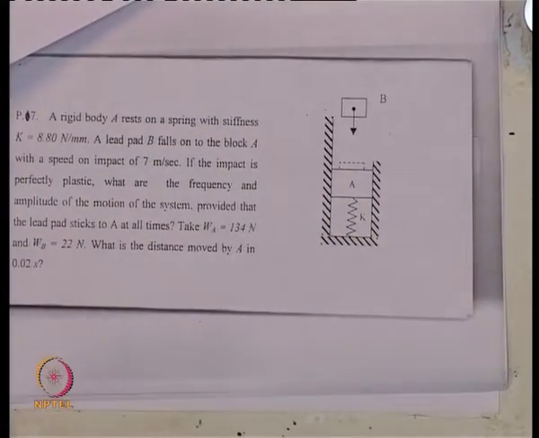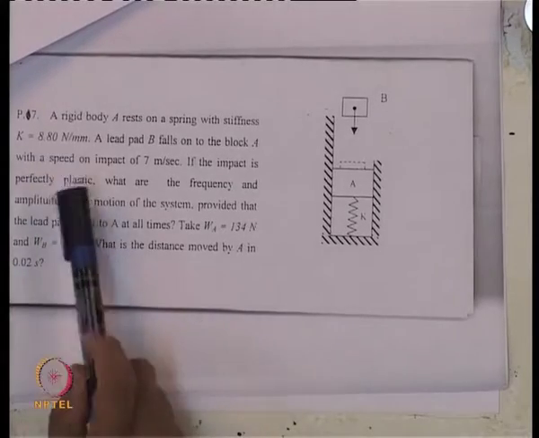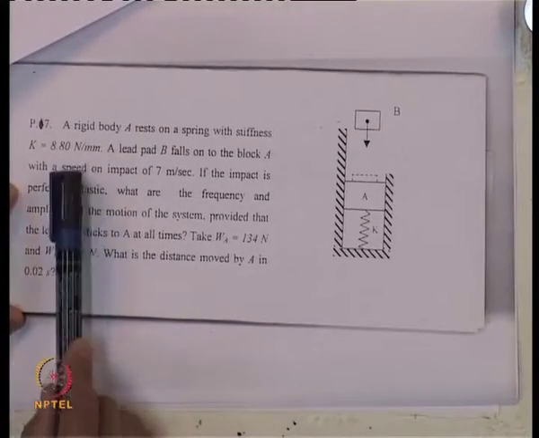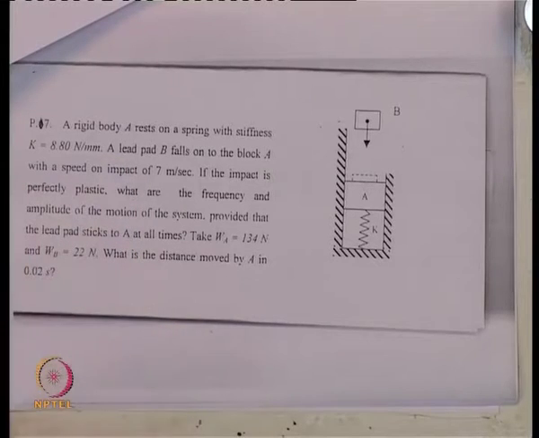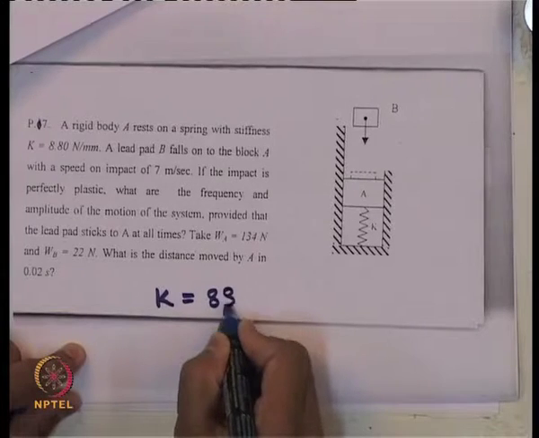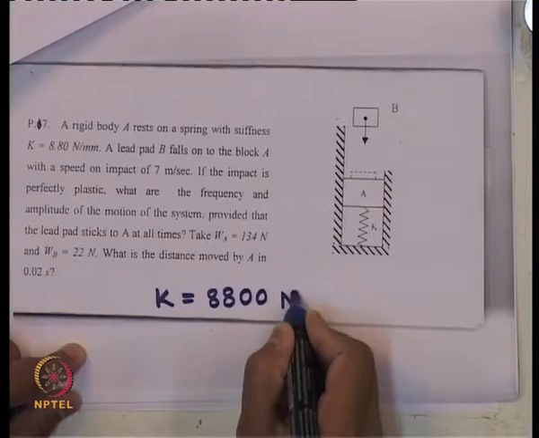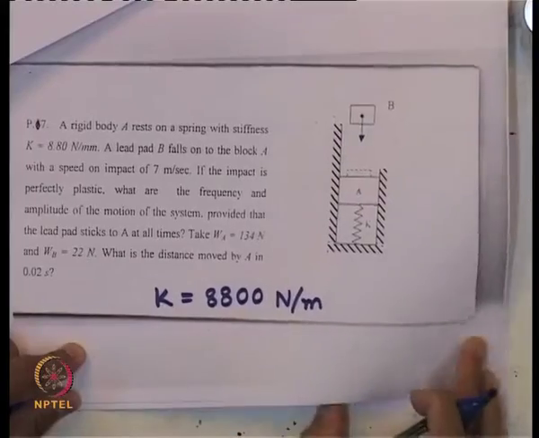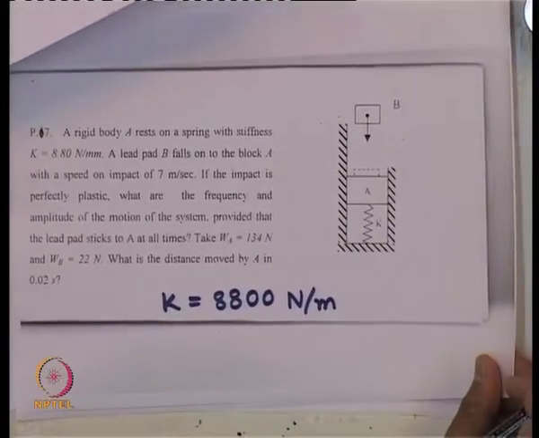And in this problem, look, the unit of K is not in SI unit. It is given as 8.8 Newton per millimeter, which in SI unit is K equals 8800 Newton per meter. We have to convert this, as we have mentioned, we consider all SI units. Now, if we consider the equilibrium of momentum at the point of impact, what should it give us?